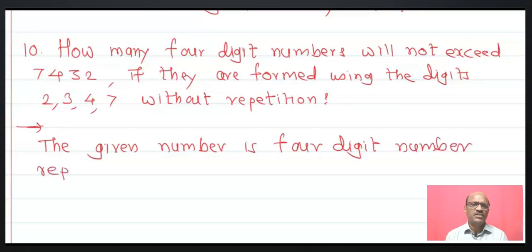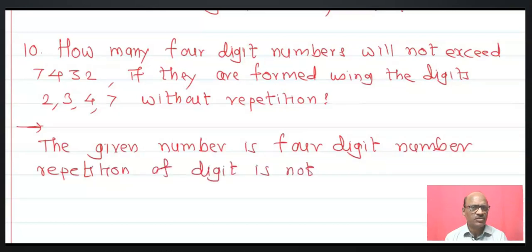How many 4-digit numbers will not exceed this number? मग इथपर्यंत चालेल आपल्याला 7,432 पर्यंत चालणार. म्हणून एवढ्याच नंबरचं आपण काउंटिंग करणार आहोत.